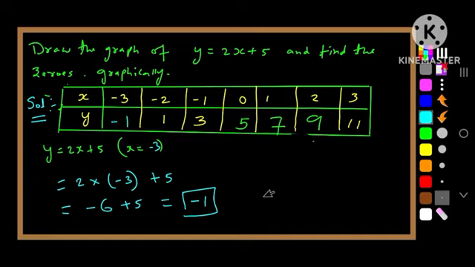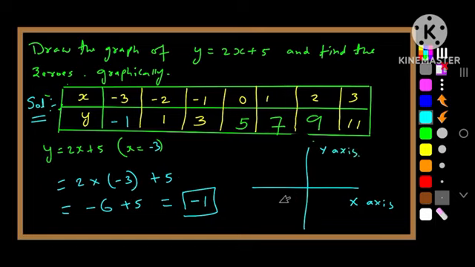So these are the values which we are getting. Now we have to plot this on a graph. Now we will try to plot it on a graph and find out whether it has a zero graphically or not. For example, this is our x-axis and this is our y-axis.